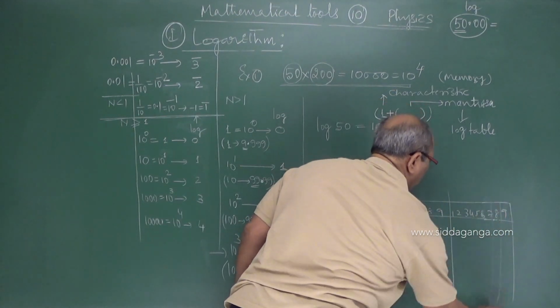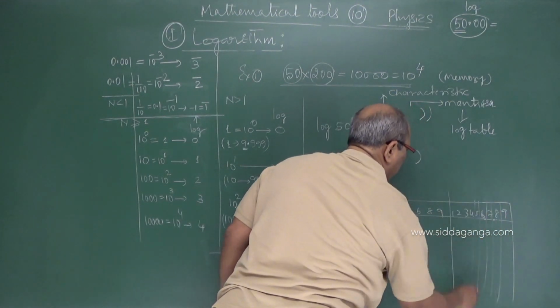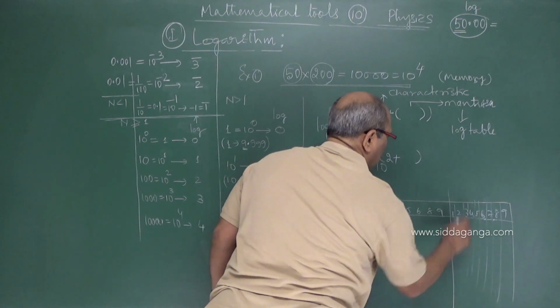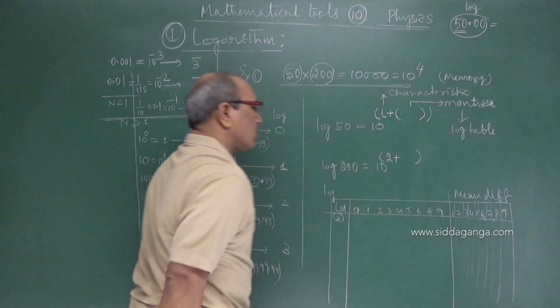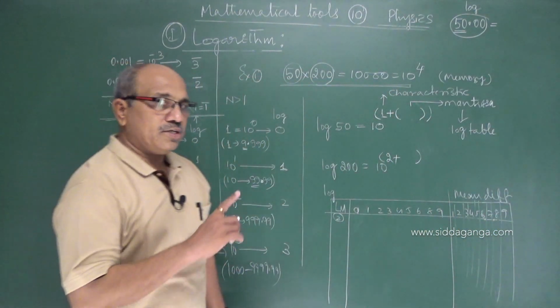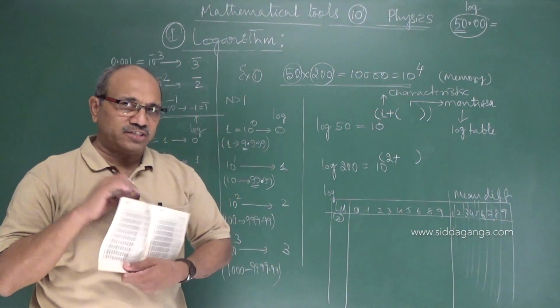Then I have the columns for the mean difference. So here we can work with 4 digits.